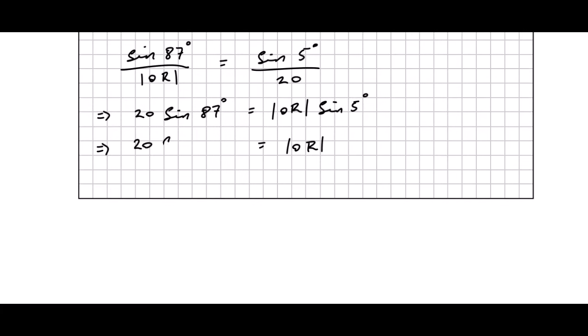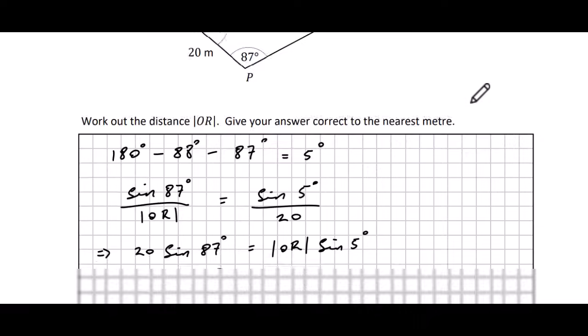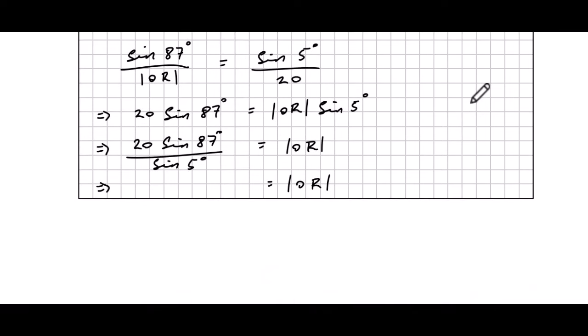So I have 20 sine 87, divide that by sine 5 degrees, and that'll finally give me the distance from O to R. All that is on the left hand side is just calculator work. We need this to the nearest meter, so do that on your calculators and you'll get 229 meters.